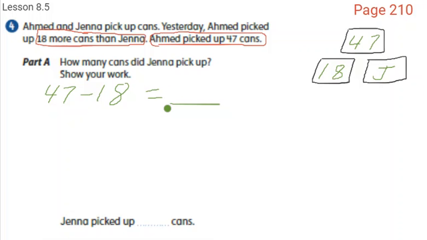How would you do this? Well, let's go back to the tens here. It looks like I have more ones here than here. That means I'm going to have to decompose a 10. I have 4 tens, but I'm going to do 3 tens, decomposing one of those tens.